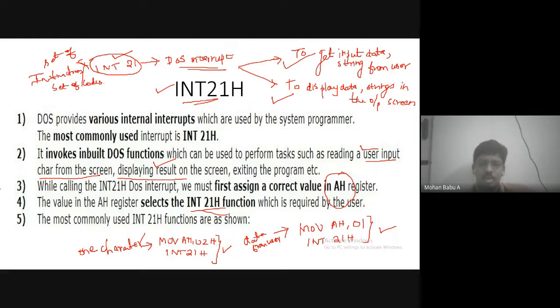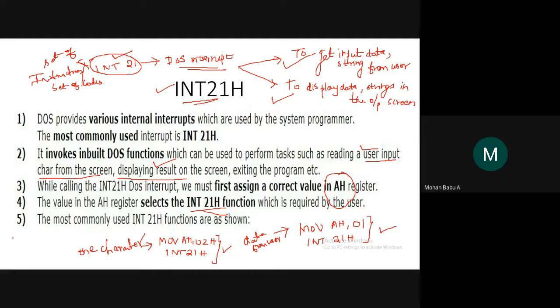If you need a string as input from the users, input means we are just applying some value, you will need to type MOV AH comma 09H, INT 21H.